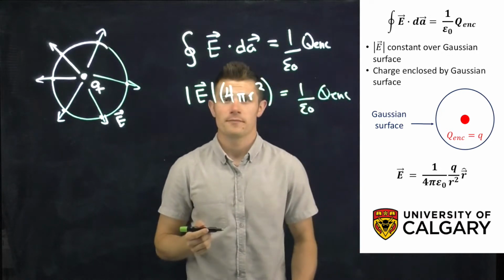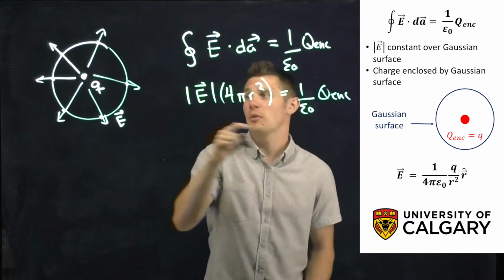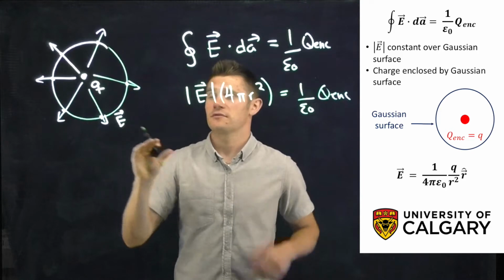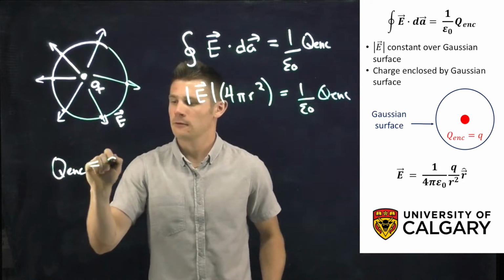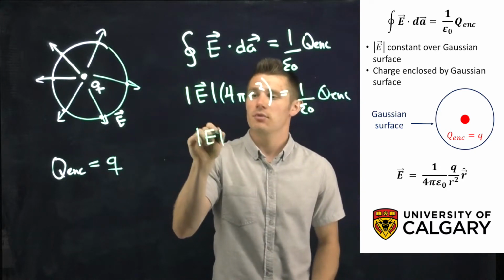times the enclosed charge. And our last simplification is recognizing that the enclosed charge by this Gaussian surface is simply our charge Q, because the Gaussian surface fully encompasses this charge. So we write it like this, and we can work through our last step.